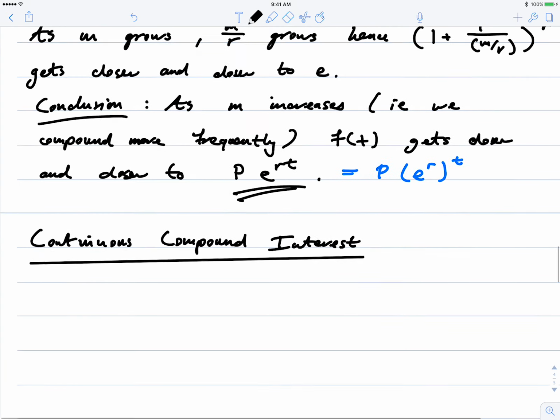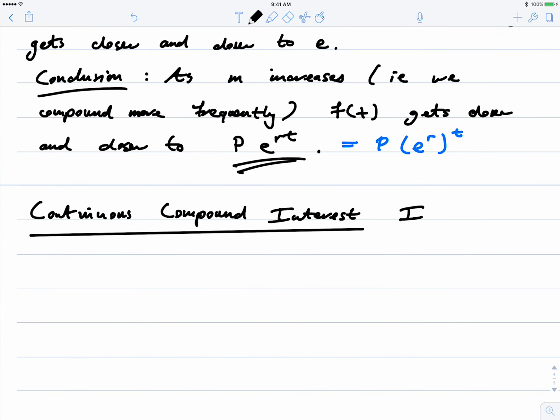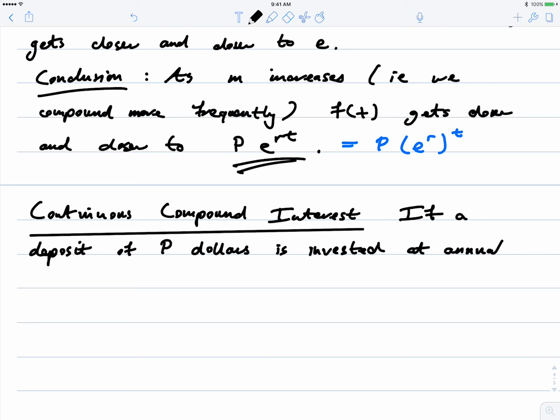Continuous compound interest. So if a deposit, let's say of p dollars, is invested in whatever savings account, invested at annual interest rate, let's say r, which is to be compounded continuously.